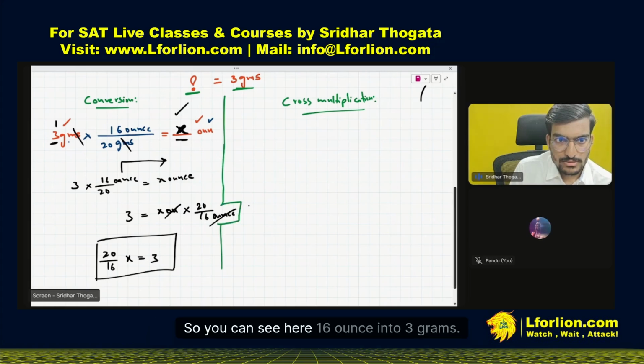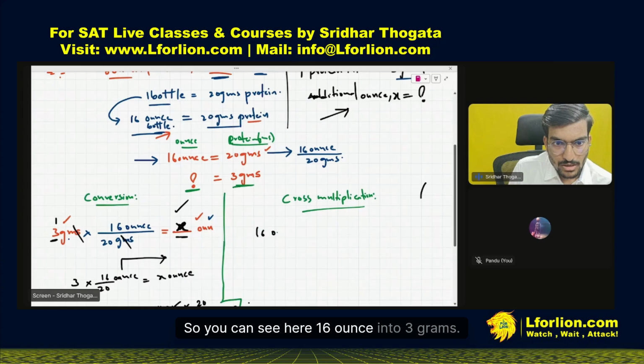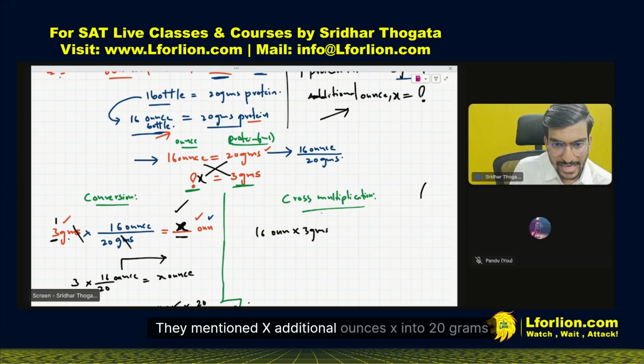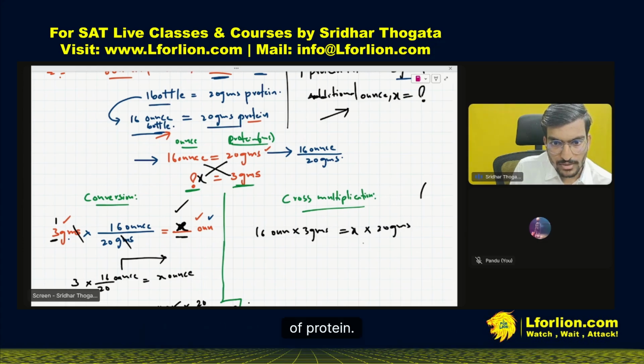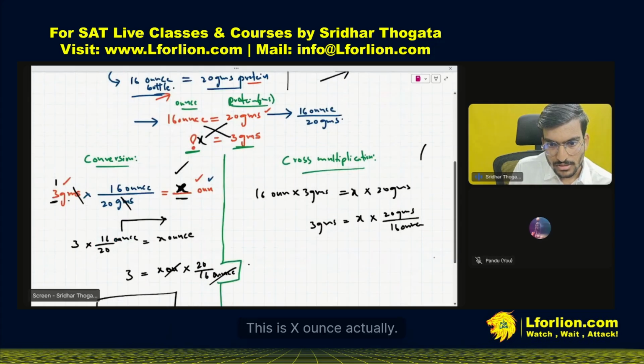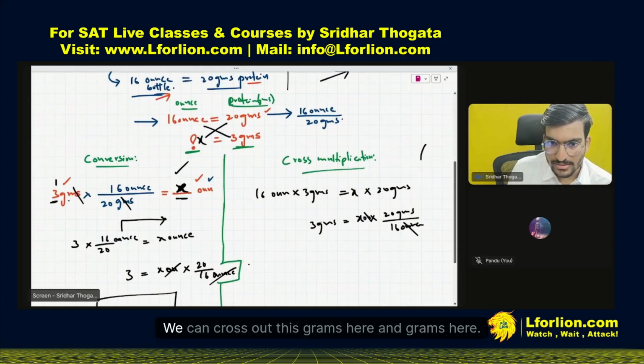So here, 16 ounces into 3 grams, and this X, X additional ounces, into 20 grams of protein. So I just keep 3 grams here, that equals x into 20 grams by 16 ounces. This is x ounces actually. So ounces cancel, and we can cross out grams here and grams here.